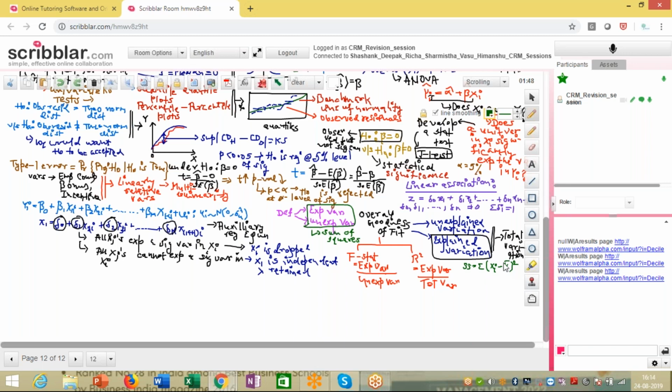So this sum of squares is a measure of variation, and the variation here is described as variation from the mean.